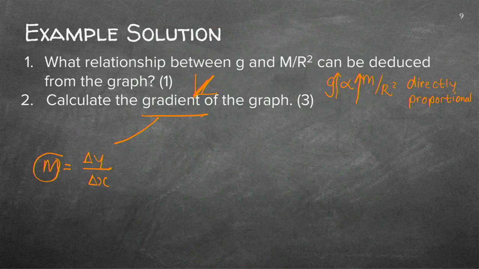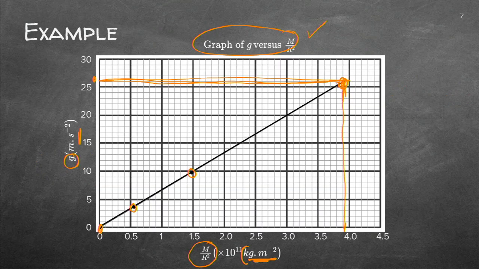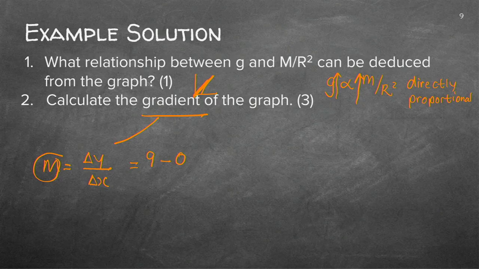So I found the following. It is 9 minus 0. Let's have a look. It is 9. Oh no, I took it this side. Sorry. This is much easier. Take it there. It is that value there minus the 0 with the x value, which is this.